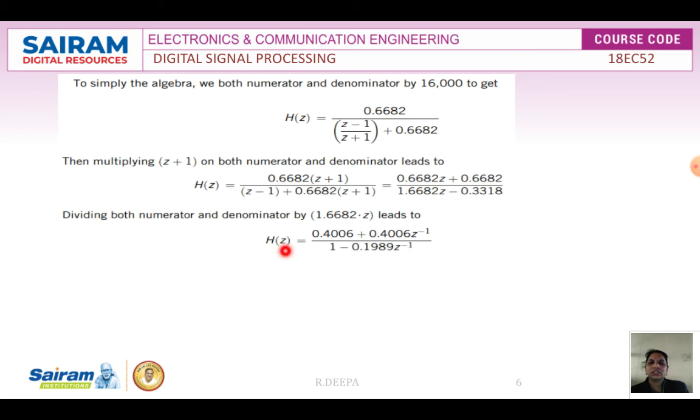To make it so, I multiply with 1.6682 into z and then divide by that, so that the final transfer function takes the form H of z equal to 0.4006 plus 0.4006 z inverse divided by 1 minus 0.1989 z inverse. This represents the final transfer function of your digital IIR filter, built using the bilinear transformation.